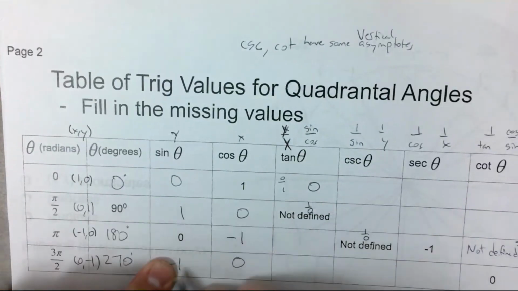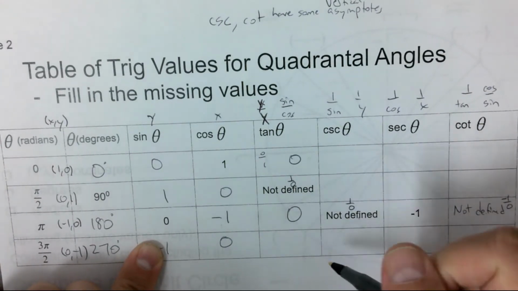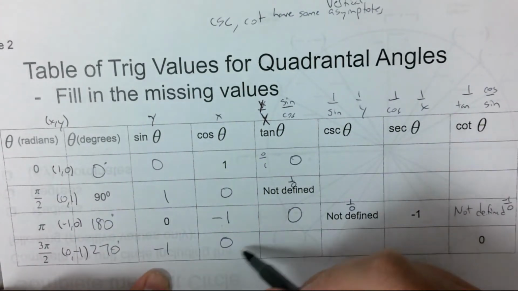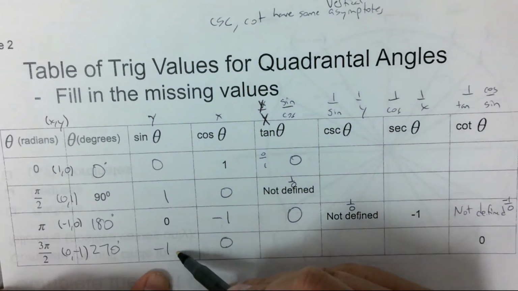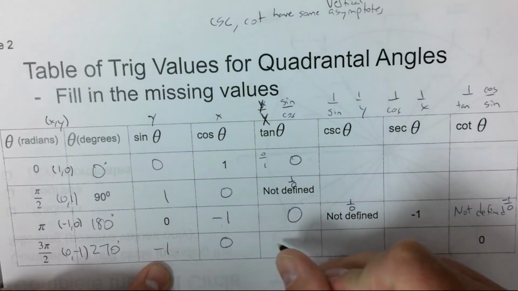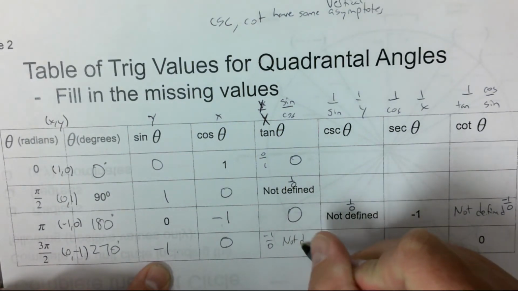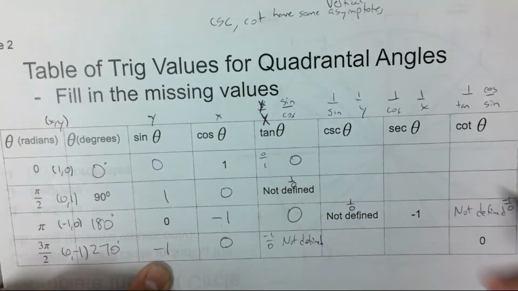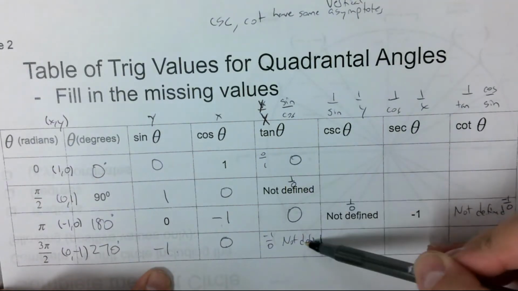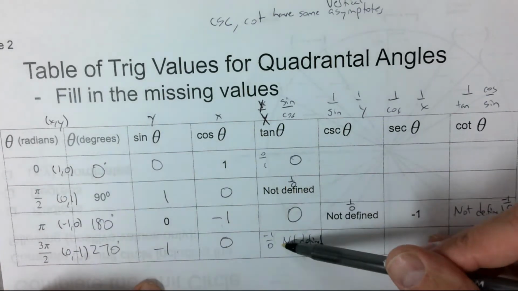And same thing for this one. And for this one, it'd be 0 over negative 1. No, I'm doing that wrong. Negative 1 over 0, which is also not defined. So these not defineds match up at pi halves and 3 pi halves.